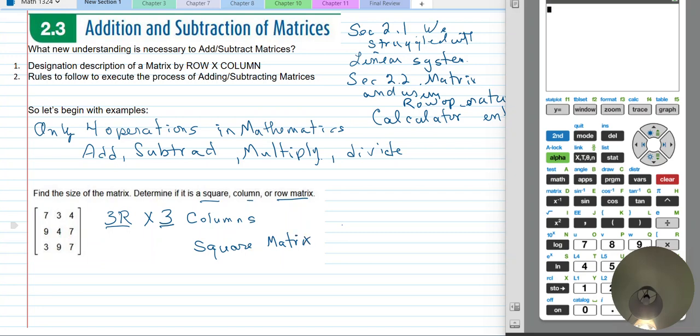Okay, and in further studies, we'll get to that involvement of the value of having those 3 rows, 3 columns. And it's written as a 3 by 3.